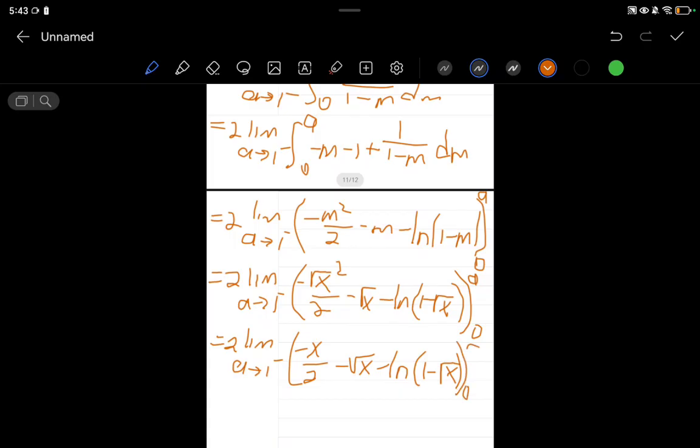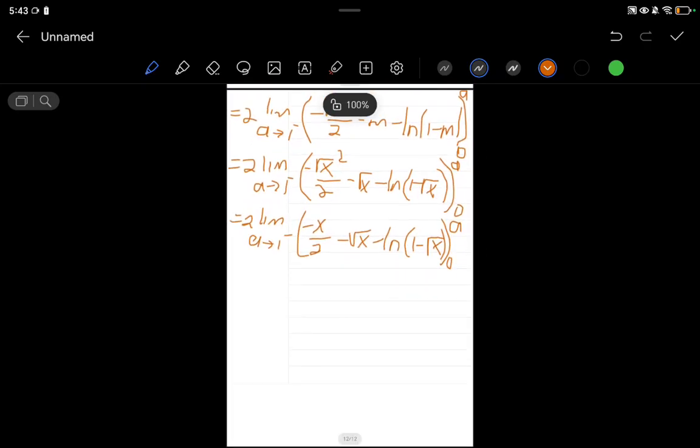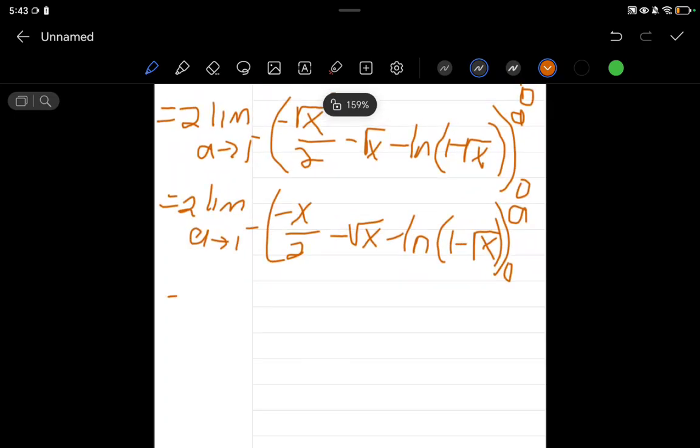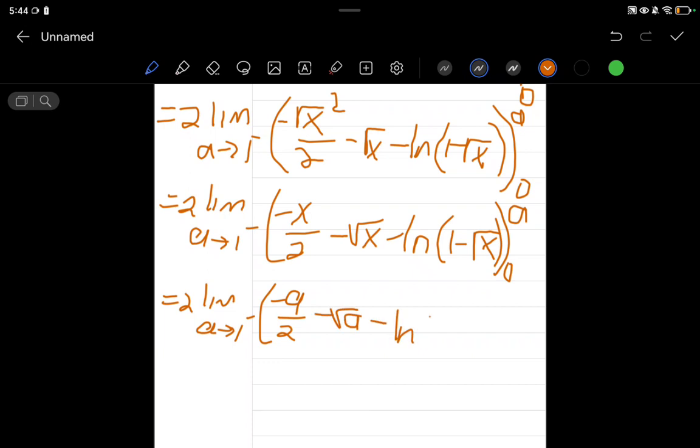Yeah, so now I can substitute because I've simplified it. Then this will be 2, the limit as a approaches 1 from the left of minus a over 2, because if I substitute 0, we know that it will give me 0, right? Minus a, so ln of 1 minus root a. Because even if I substitute 0 here, I'll get ln 1. Ln 1 is 0, we know.